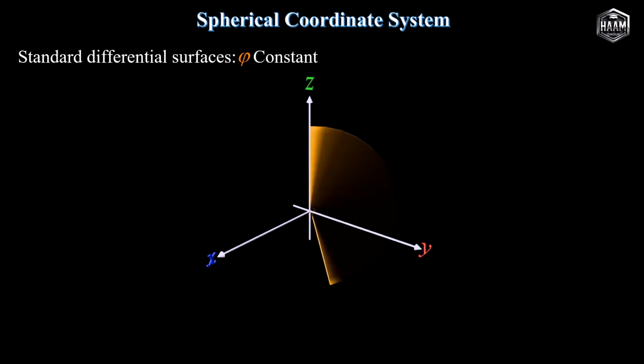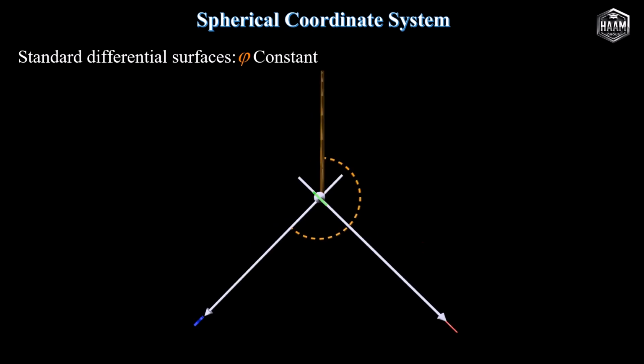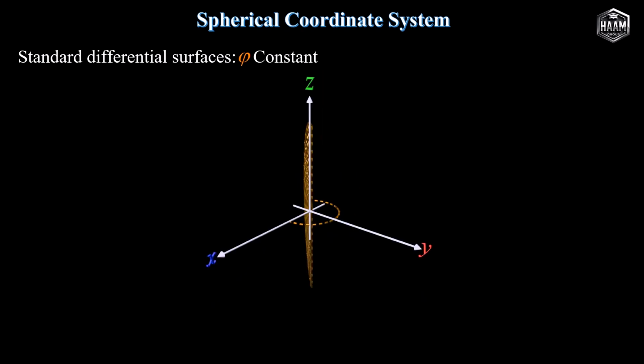Or we could take the angle between 180 and 270 degrees, such as 225 degrees, giving this kind of half disk shape. Again, the angle of these points with the x-axis is fixed.